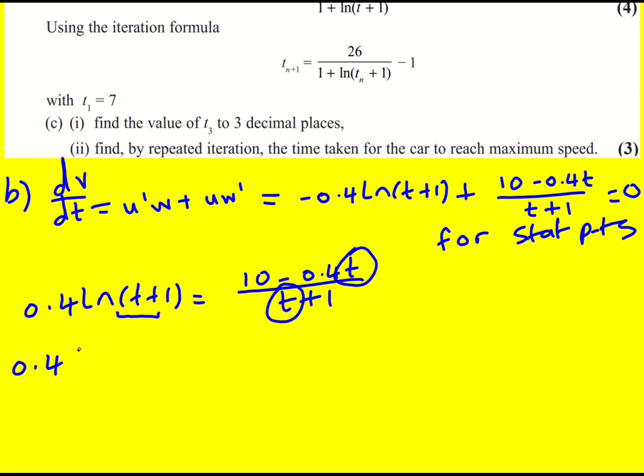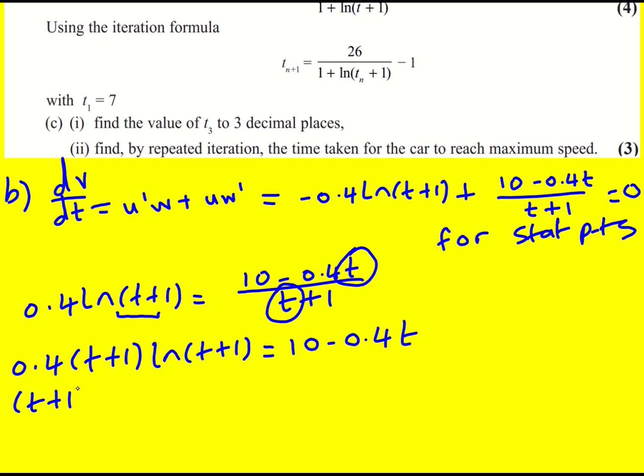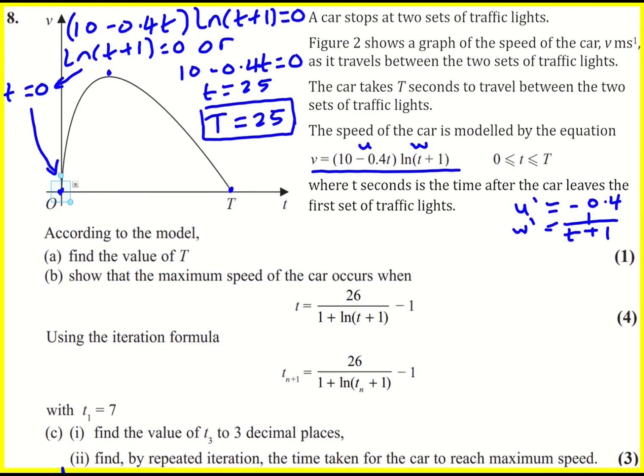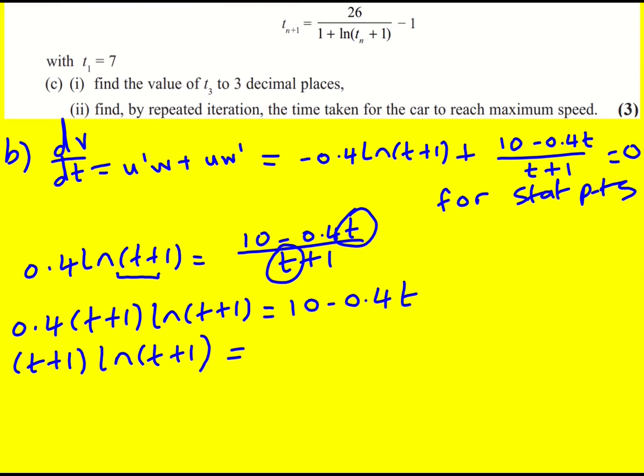So 0.4(t+1) times ln(t+1) is going to equal 10 minus 0.4t. Divide through by 0.4 now, so there's no fractions in the answer. 10 divided by 0.4, did we do that a minute ago? Yeah, it was 25. So we're going to get 25 minus t.